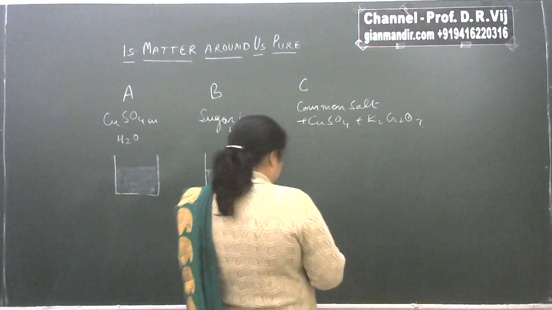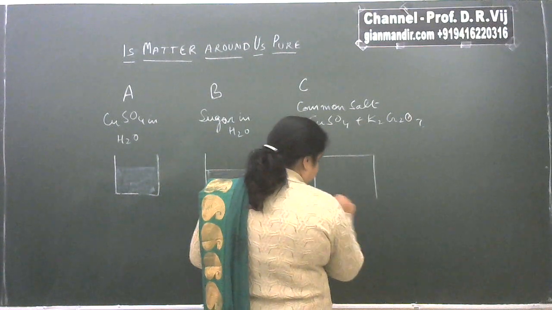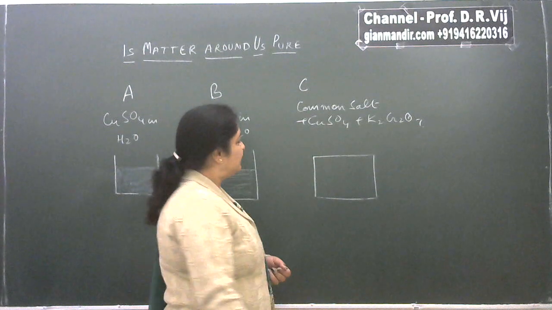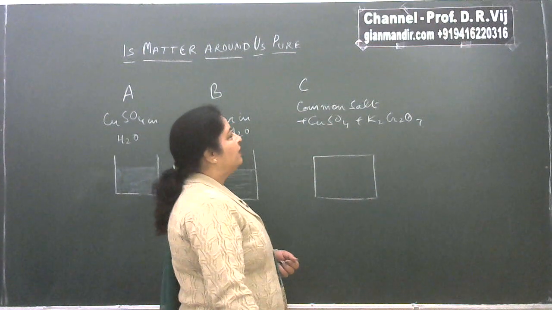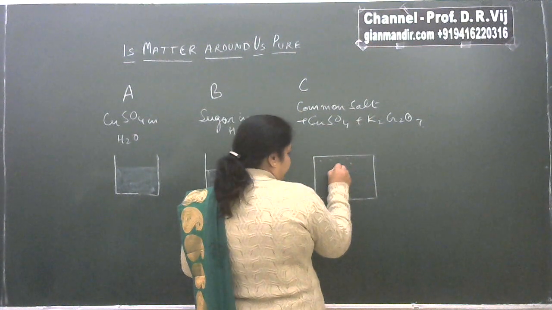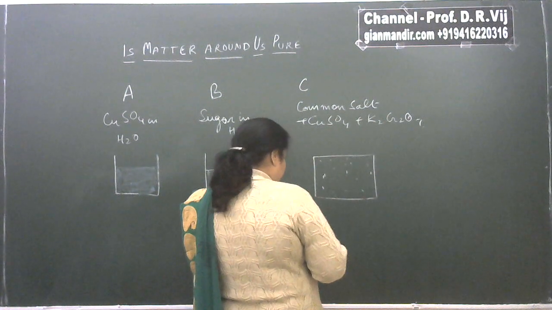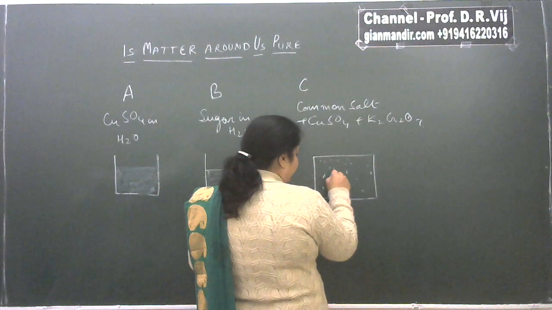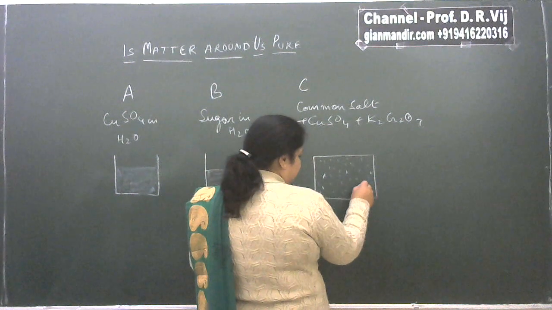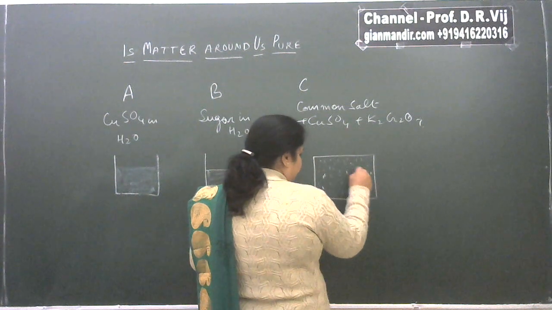But if you look at the mixture of group C, who have added common salt, which is white in color, copper sulfate, which is blue, and potassium dichromate, which is orange, however thoroughly they have mixed the components, you will be able to identify the particles of sodium chloride, that is common salt, copper sulfate, as well as potassium dichromate, right?